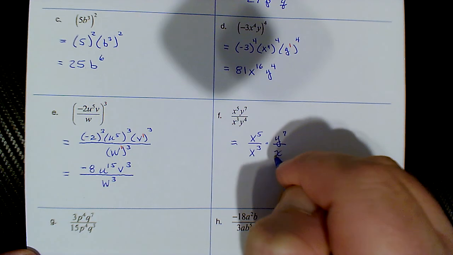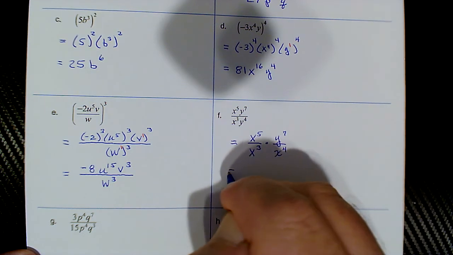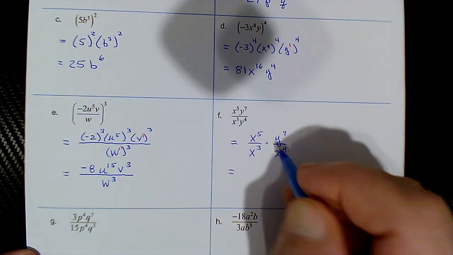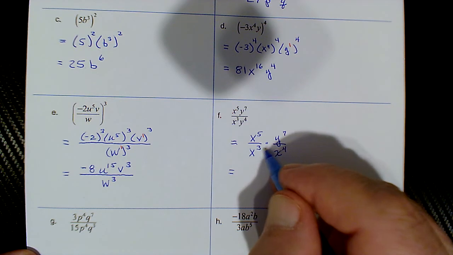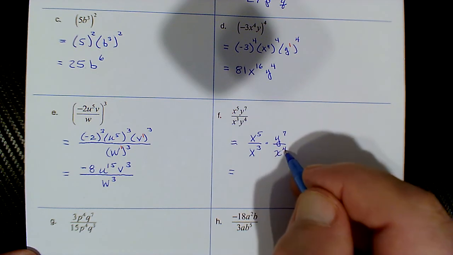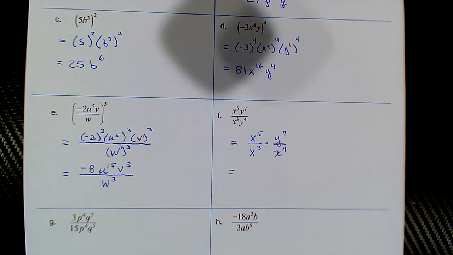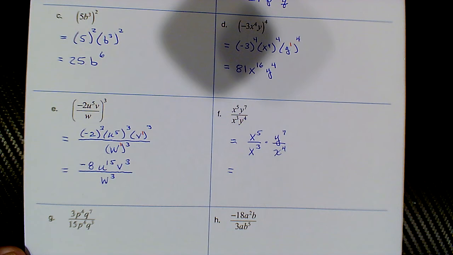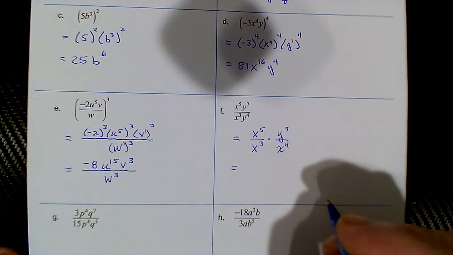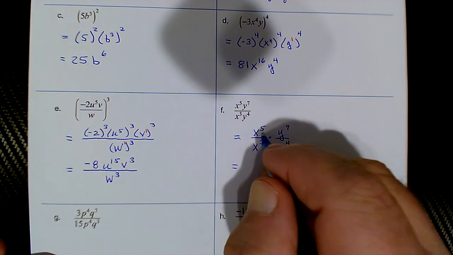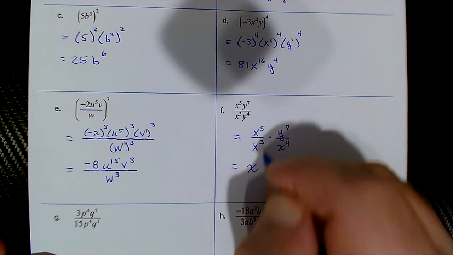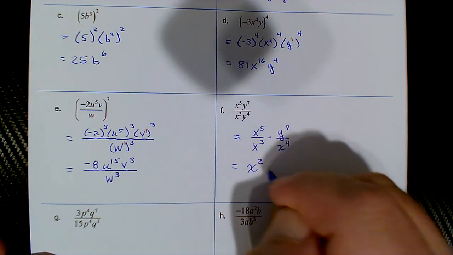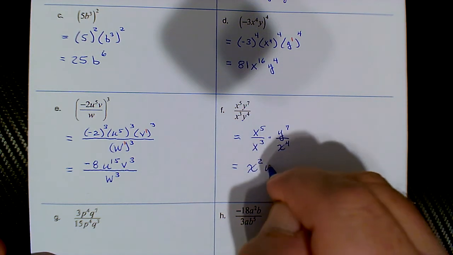And then it's probably efficient here because the power in the numerator is greater than the power in the denominator on each of these. It's probably most efficient just to simply think about the quotient rule, where when we divide common bases, we keep the base and we subtract the exponents. So 5 minus 3 is 2, so we have x squared, and similarly y to the 7 minus 4 is 3.